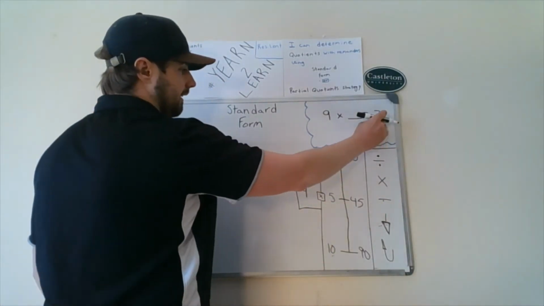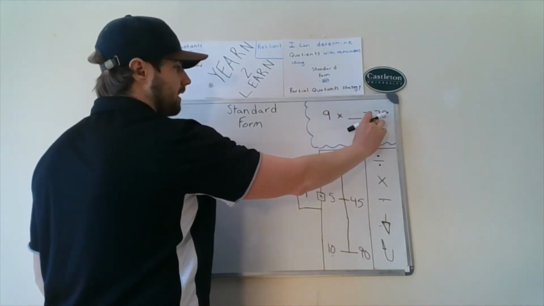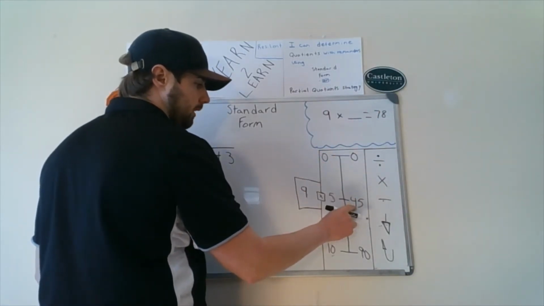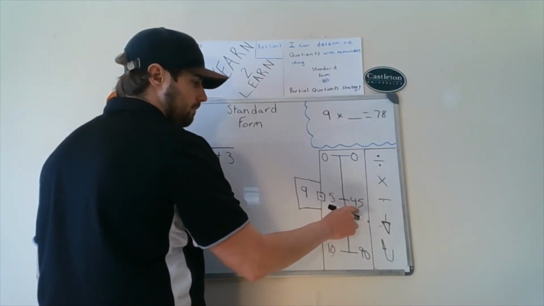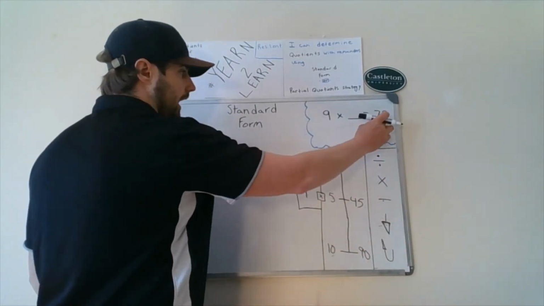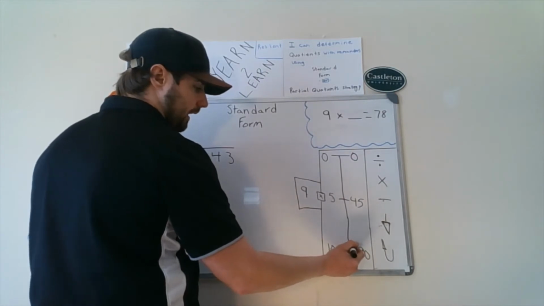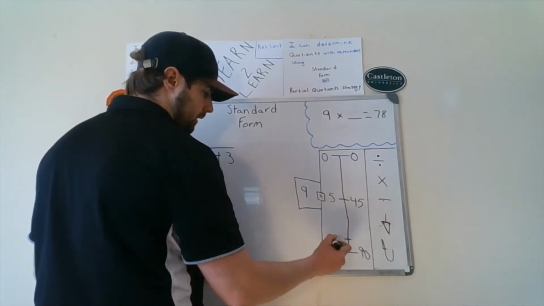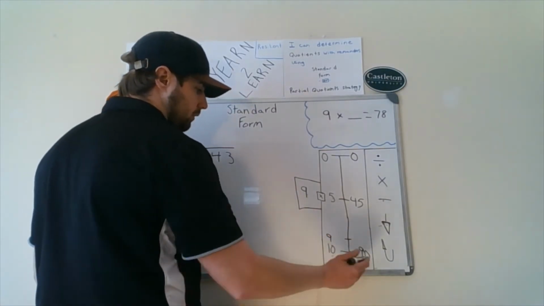So, looking at that 78, I see a 7 in my tens. I know it's going to be a much bigger number than a 4 in my tens, or a much bigger number than 45. 78, I know is close to 80. That's about here. So, I'm going to try a factor that's going to get me close to 90.